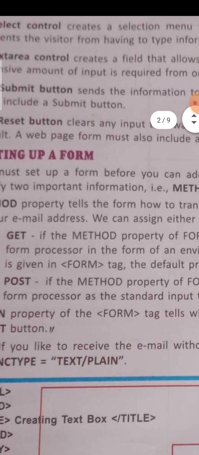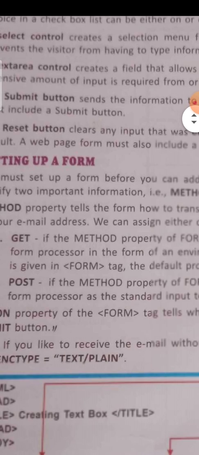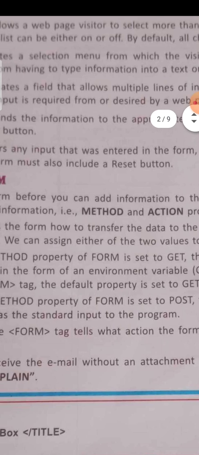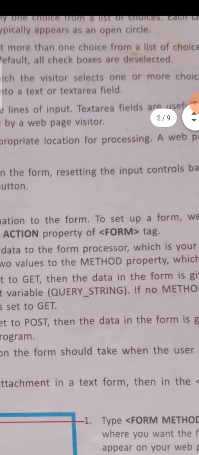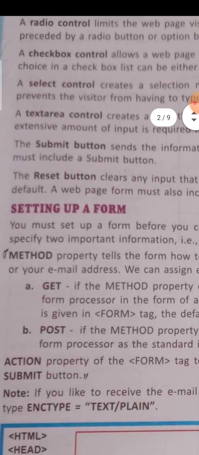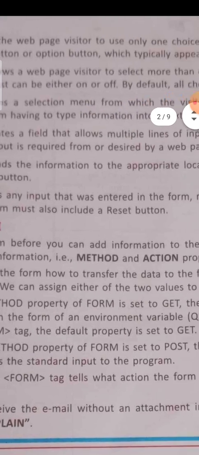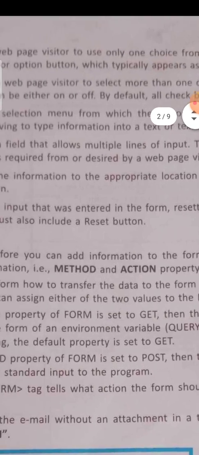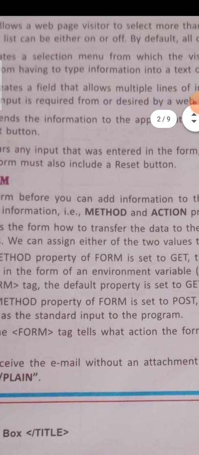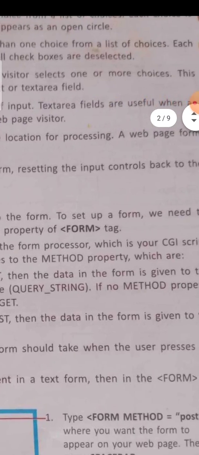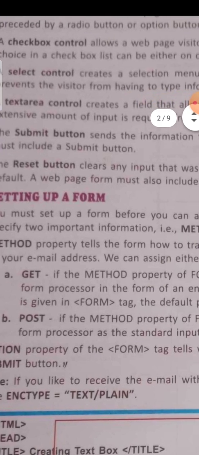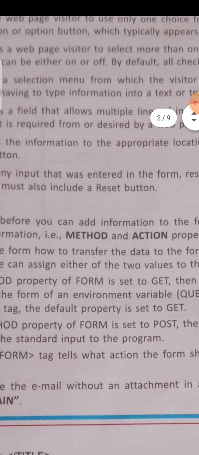Basically, when the form method is set to get, then the data in the form is given to the form processor in the form of an environment variable, that is a query string. And second is post. If the method property of the form is set to post, then the data in the form is given to the form processor as a standard input to the program.